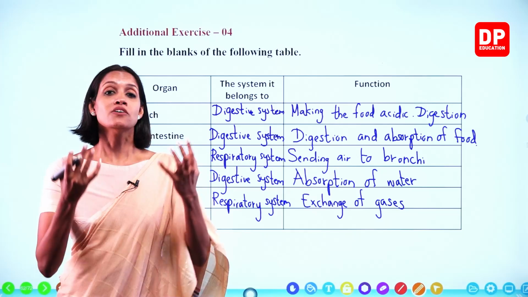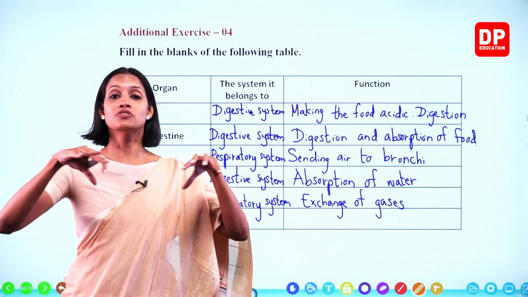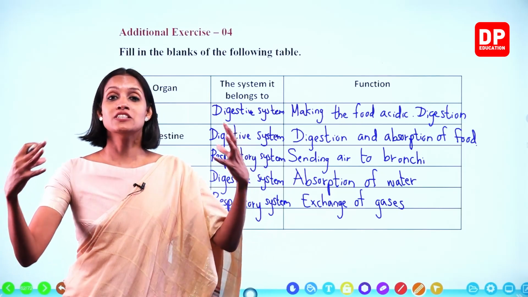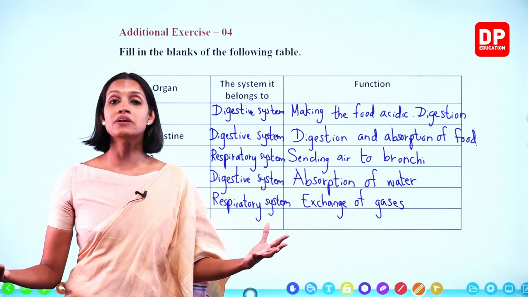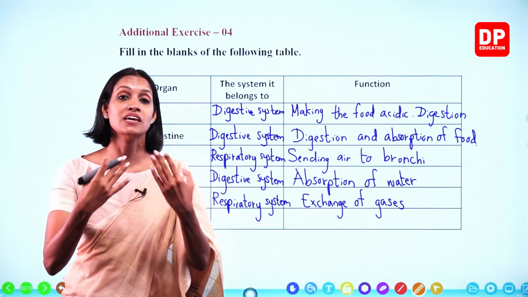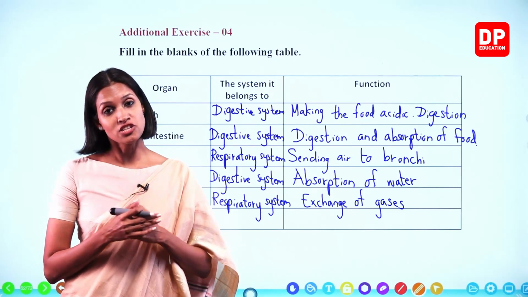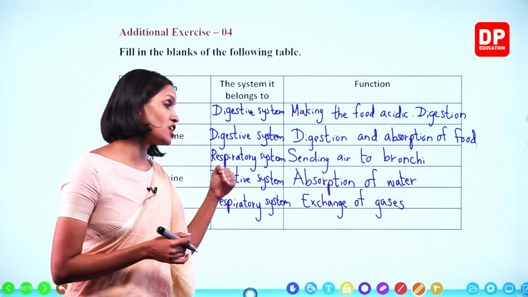When you inhale air, it contains a lot of oxygen. Oxygen is given to capillaries. Now the blood in the capillaries has a lot of carbon dioxide. Carbon dioxide is given back to the lungs, and when you exhale, carbon dioxide is sent out. Oxygen is absorbed by the blood. This is known as exchange of gases.